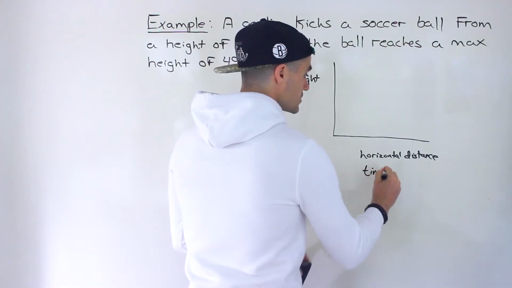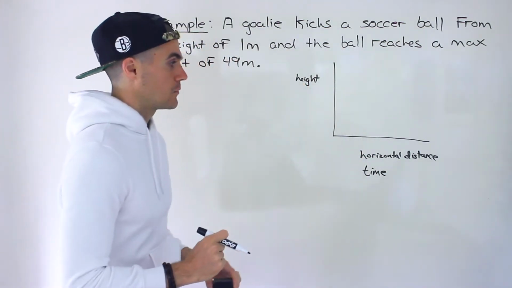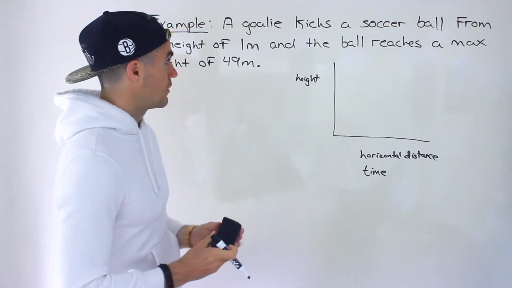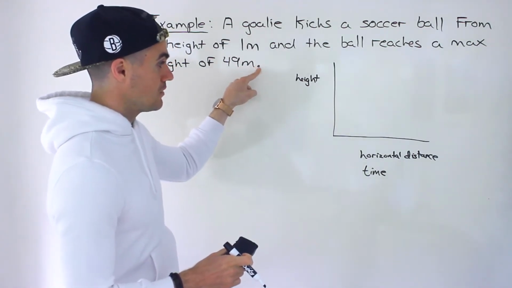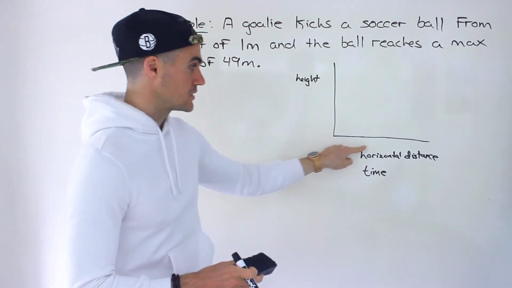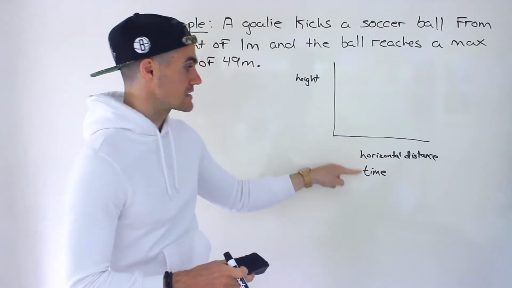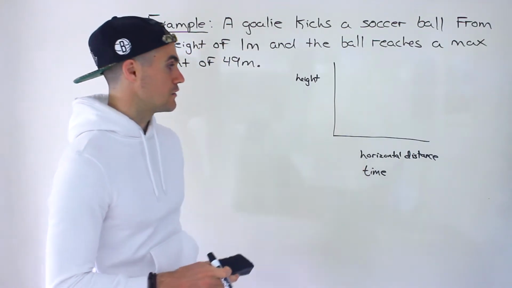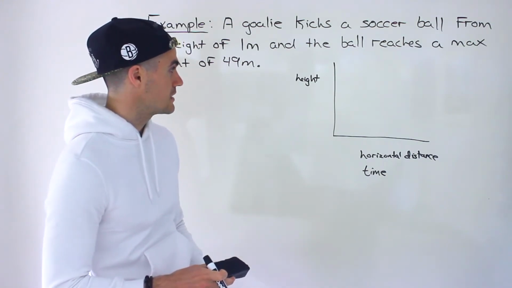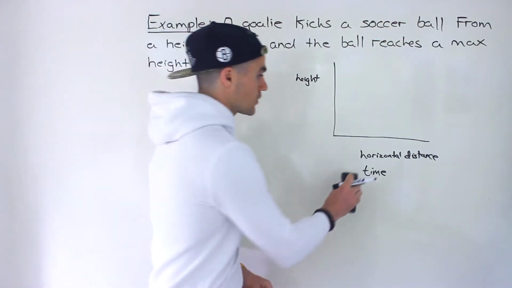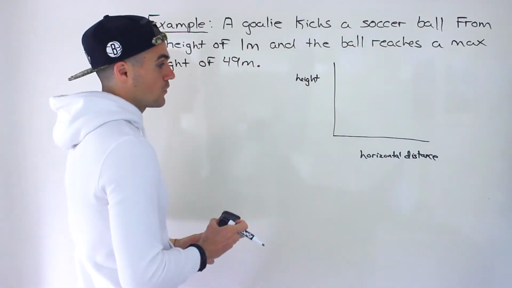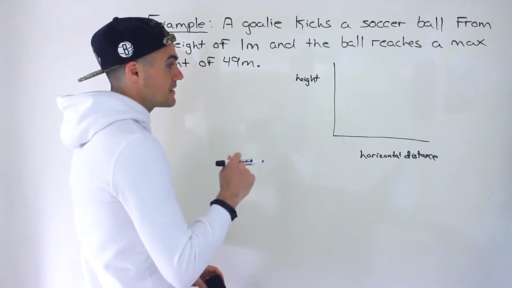I decided to take the same scenario, but deal with horizontal distance as the independent variable, the x, in one part, and time being x in the other part. So we're going to start off with horizontal distance in part A.